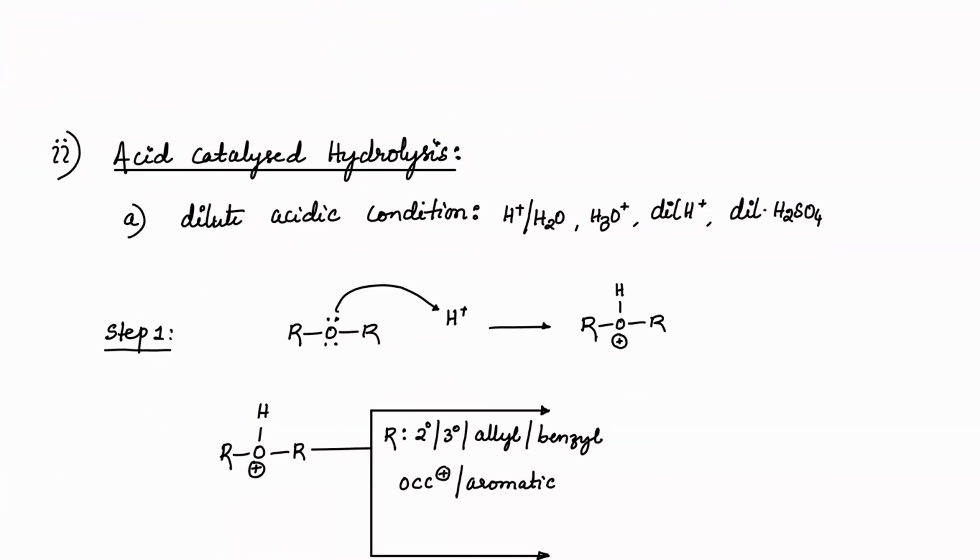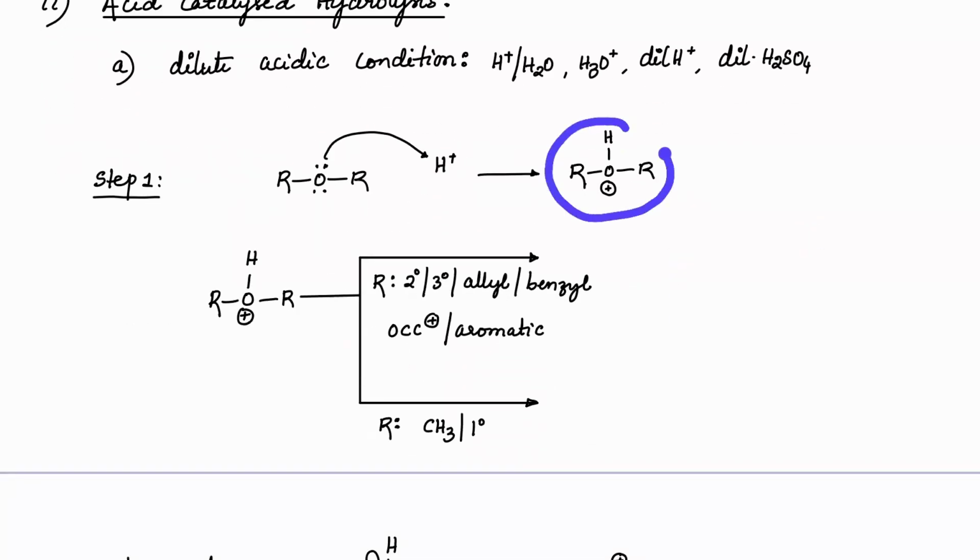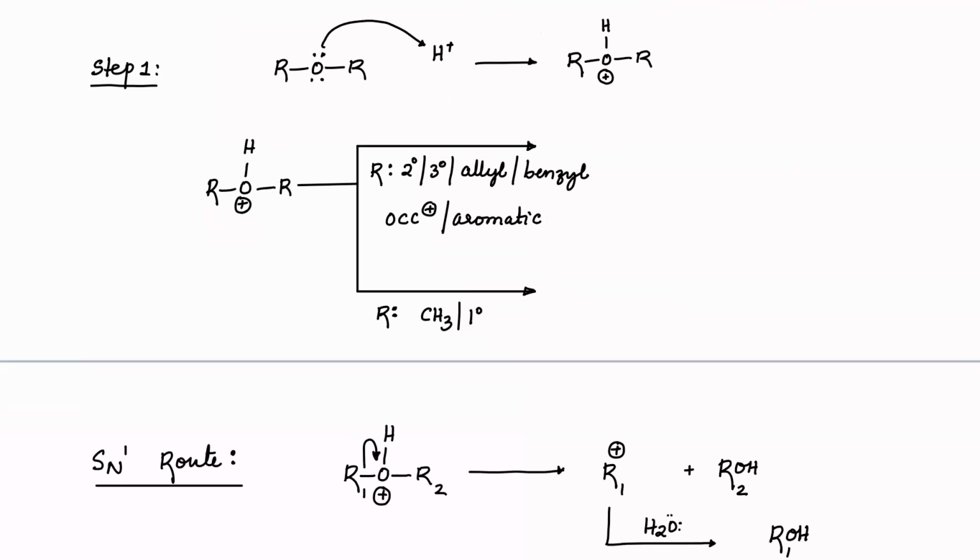While if you have sufficient acid, that means it is acid catalyzed hydrolysis, which means we now have enough water content present in it. In such case, we denote it this way: H3O plus or H plus in water, dilute H plus, dilute H2SO4. Then what would happen? First, the oxonium ion will form, and now depending upon either of these alkyl groups, accordingly the behavior will change. What does that mean?